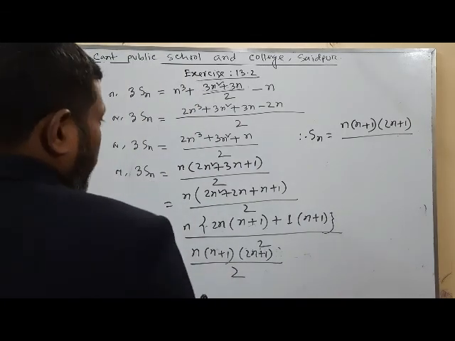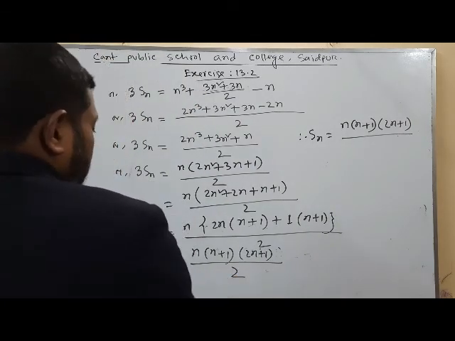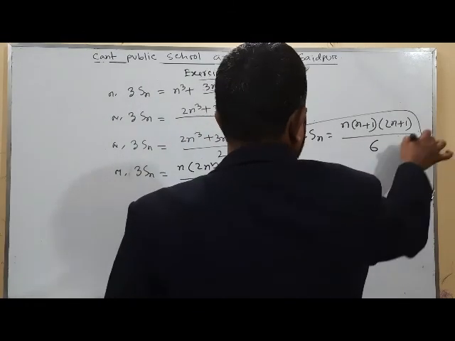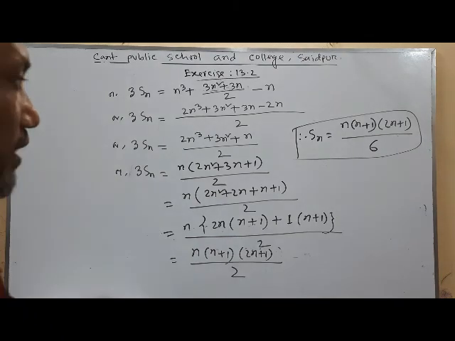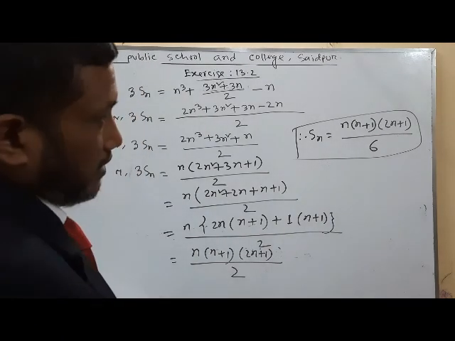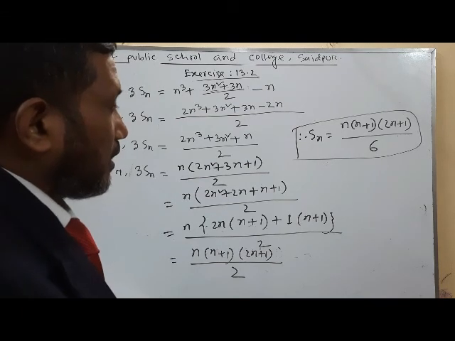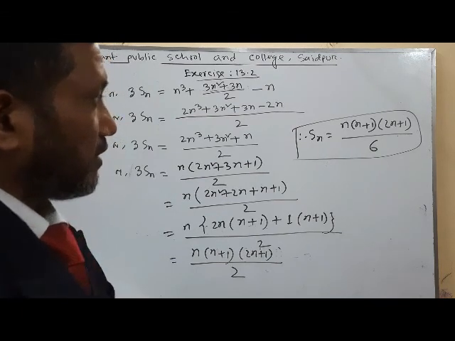These 3 will multiply with 2, then we get here 6. So this is the sum of square of first n natural numbers, n into n plus 1 into 2n plus 1 by 6.